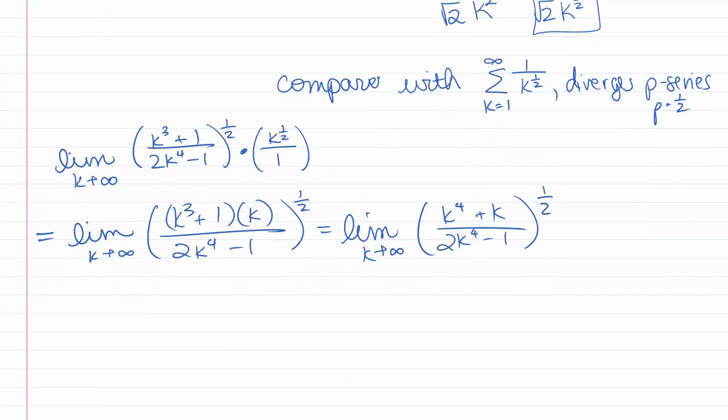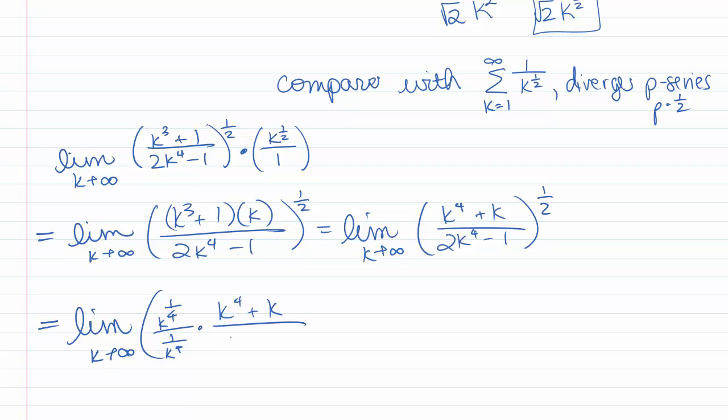Now, dividing through by k to the fourth inside the half, I'm going to have the limit as k goes to infinity of (1 over k to the fourth) divided by (1 over k to the fourth) times (k to the fourth plus k) over (2k to the fourth minus 1), all to the half. So notice I'm just multiplying by 1, so it doesn't matter that I did it inside the half.